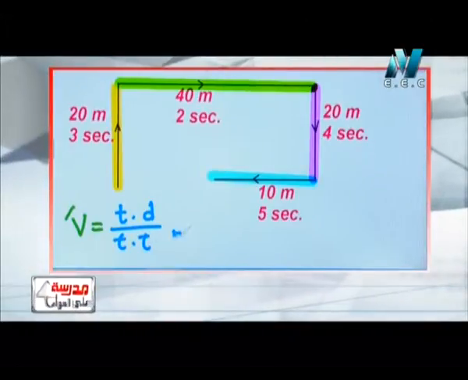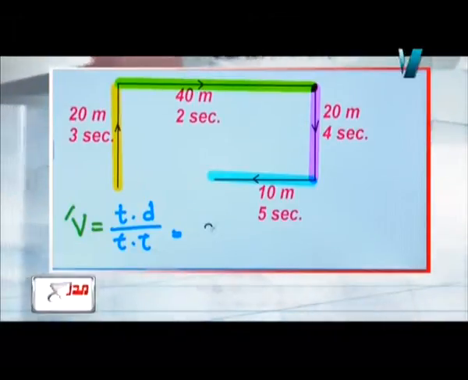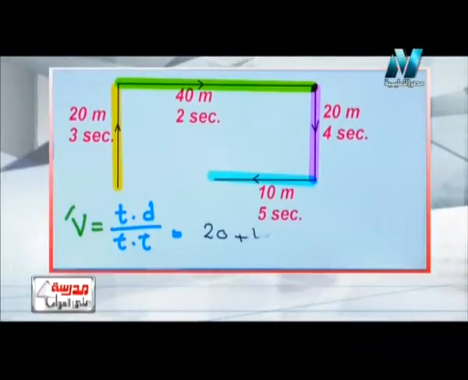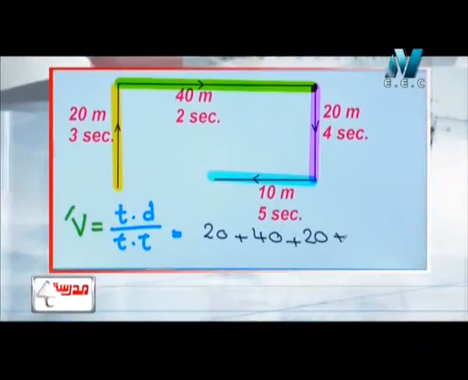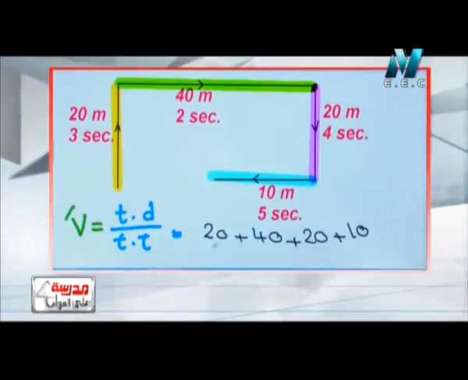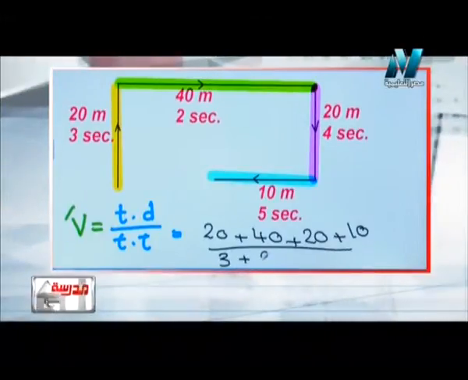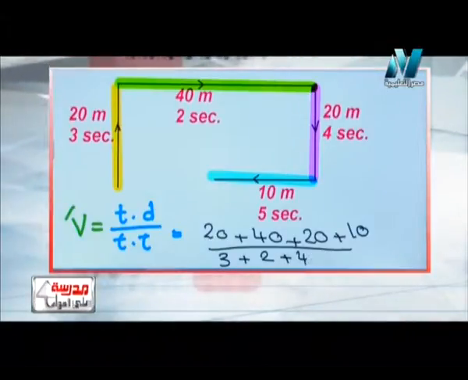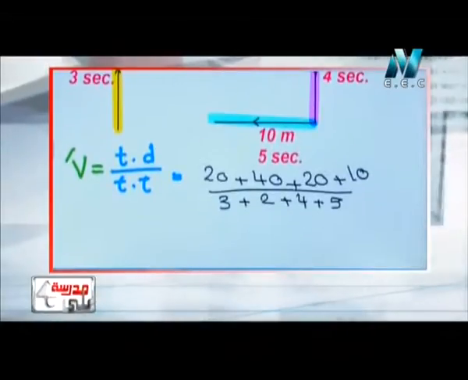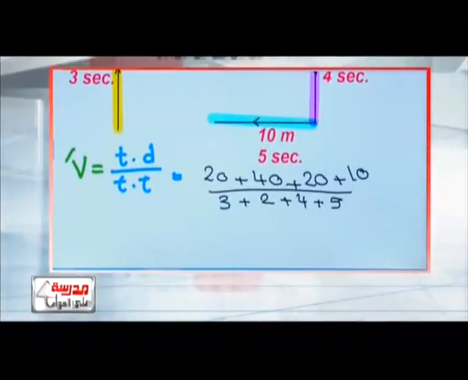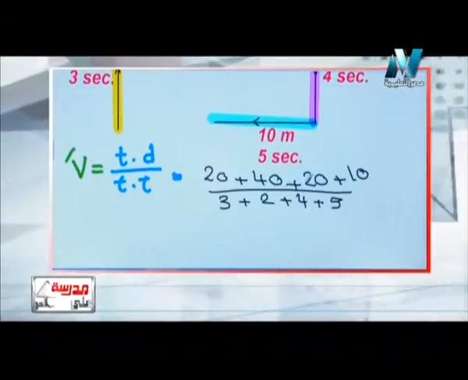Here, as you see, the total distance is 20 plus 40 plus 20 plus 10, over 3 plus 2 plus 4 plus 5. So we have 20 and 40 is 60, 80, 90.